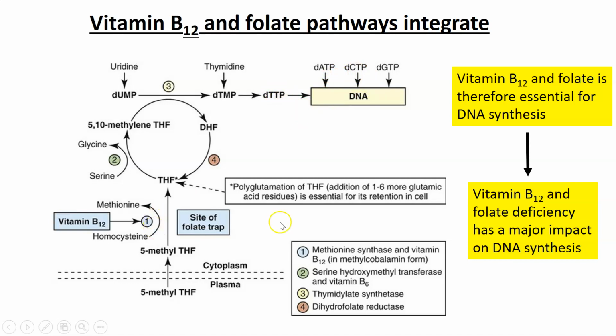So the bottom line is that vitamin B12 and folic acid are essential for DNA synthesis. If you have a deficiency of vitamin B12 or folic acid, it will have an impact on DNA synthesis.